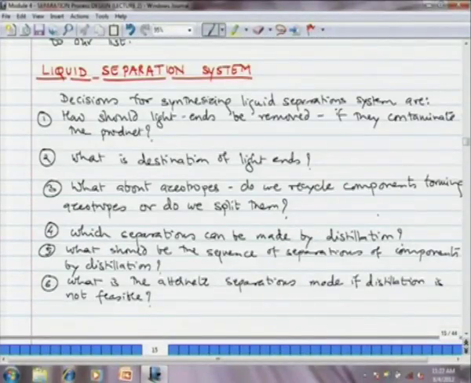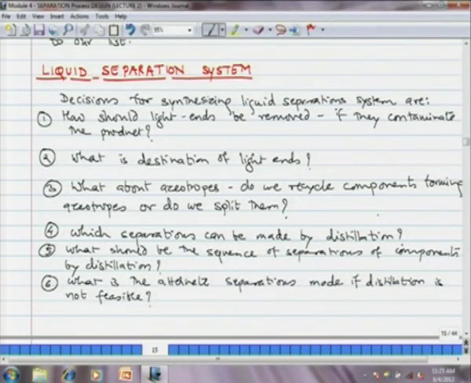Let us see the design aspects of the liquid separation system. What decisions do we need to make? I have listed these decisions on the screen. The first decision is how the light ends should be removed if they contaminate the product. Now, the liquid stream coming into the distillation column will contain some light ends.